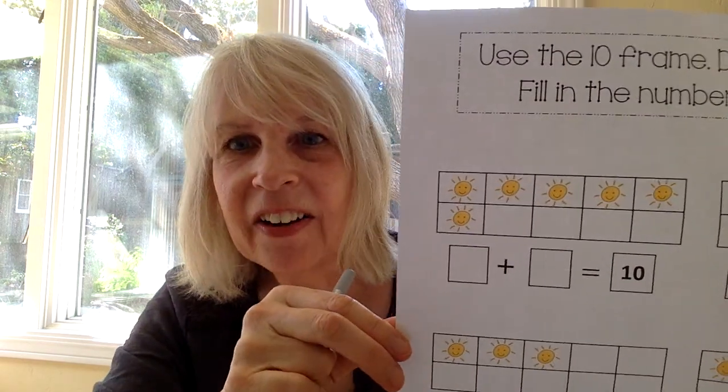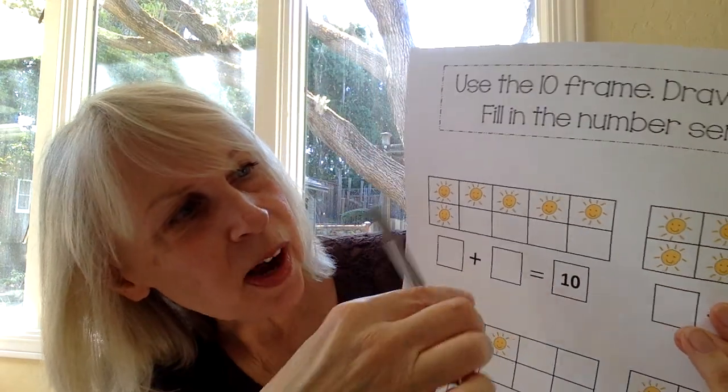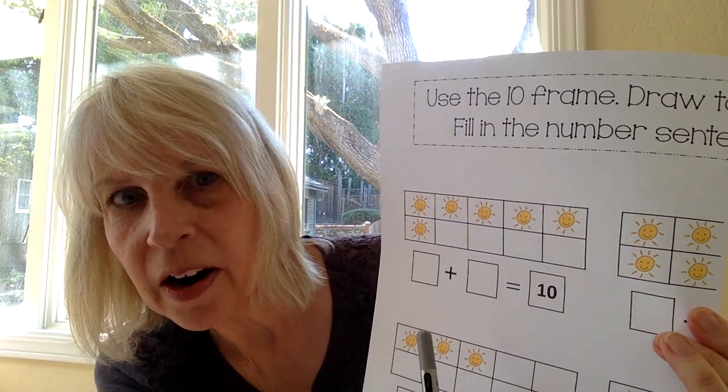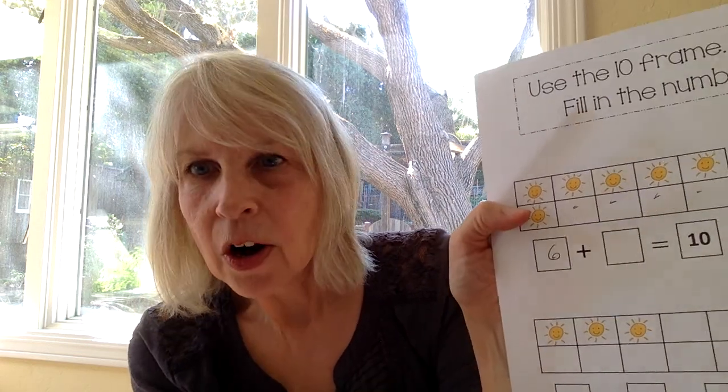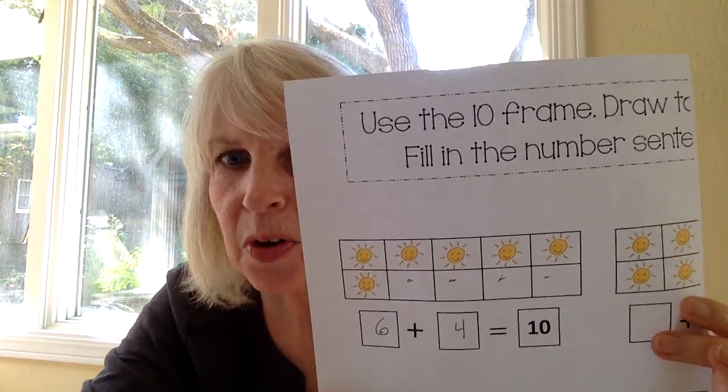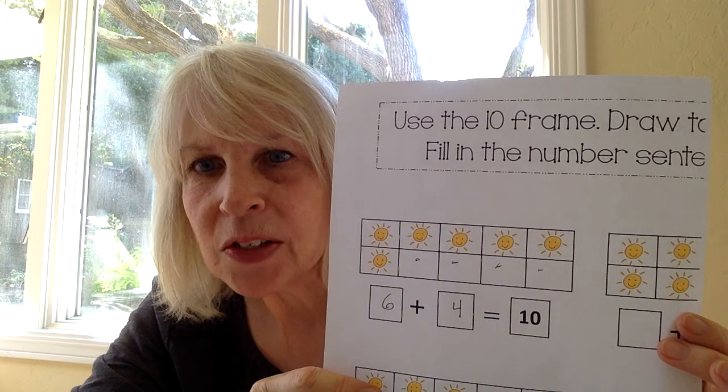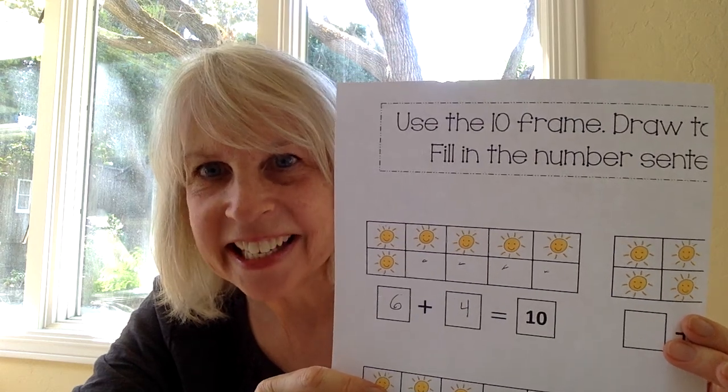I see that there are, in this first one, 5 and 1 more, and I know that is 6 suns. And then how many more? And you can draw suns in there, or just because I want to do it quick, I'm just going to put little dots, and there are 4 more. So then we know from this, and it makes total sense too, that 6 plus 4 equals 10.